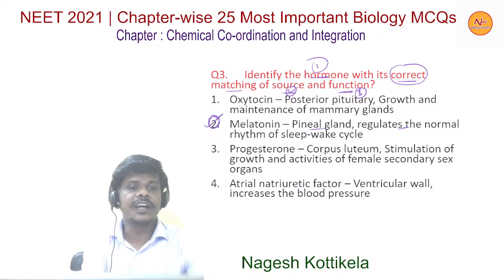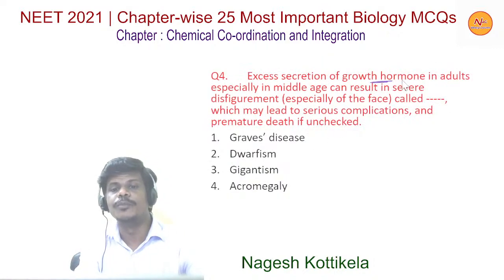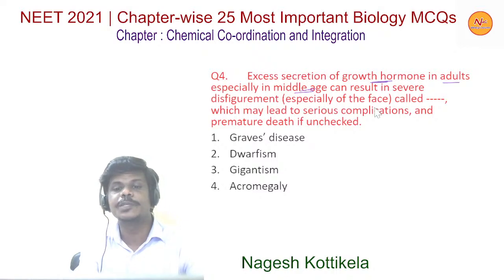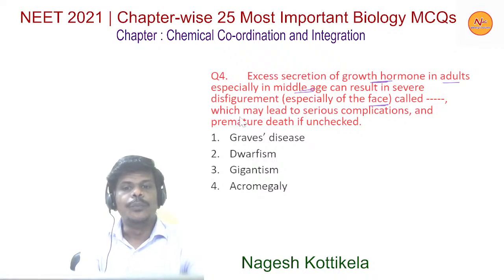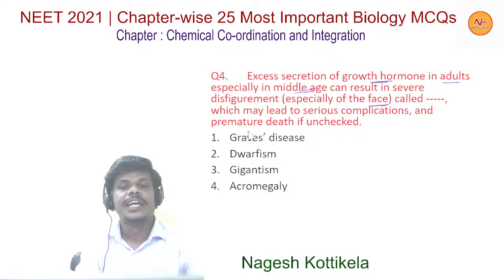Now moving to the next question, excess secretion of growth hormone in adults, especially in middle age, can result in severe disfigurement, especially of the face, called dash, which may lead to the serious complications and premature death if unchecked.